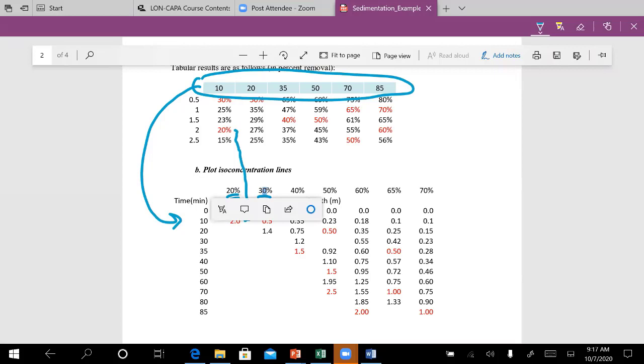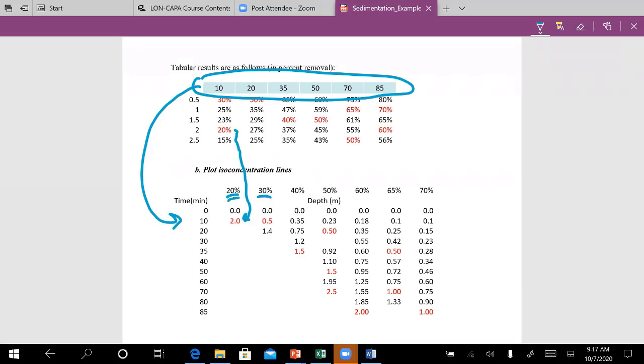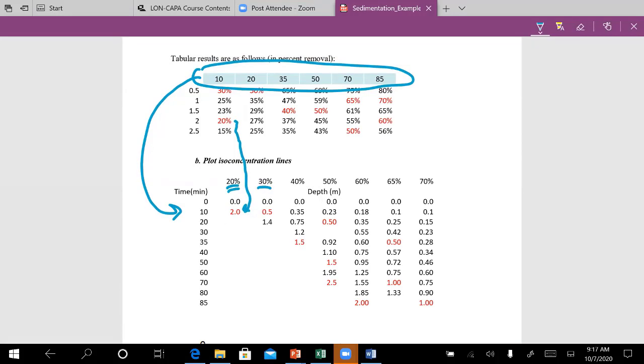We'll do the same thing for 30%, right in here. At 0.5 meters and 10 minutes, we have 30% removal.